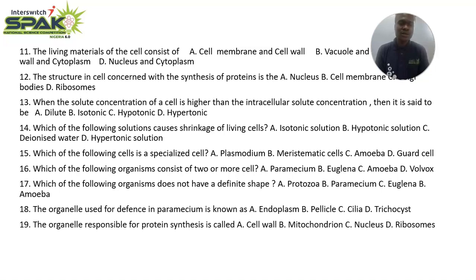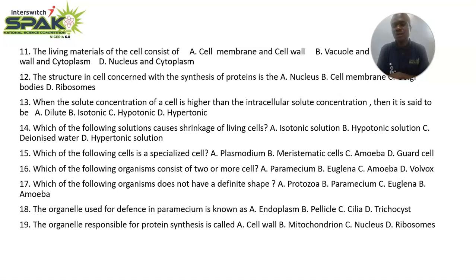The next question says, the organelle responsible for protein synthesis is called dash. We have cell wall, mitochondrion, nucleus, ribosome. Even though mitochondrion can make its own protein, the correct answer is ribosome, whose main function is biosynthesis of protein.